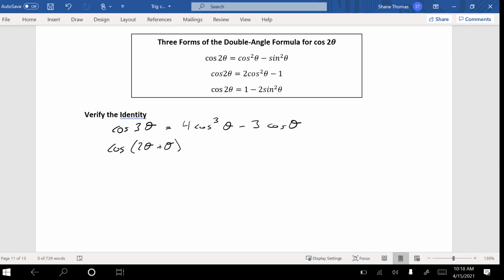Right? Remember that? So let's replace. All right, this is getting fun. I'm getting excited. Can you tell? Cosine of 2 theta times the cosine of theta. This is just the addition rule for cosine. Minus sine of the first times the sine of the second. Boom.